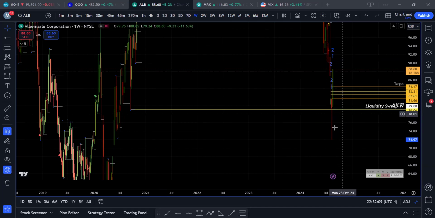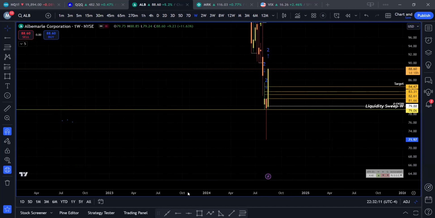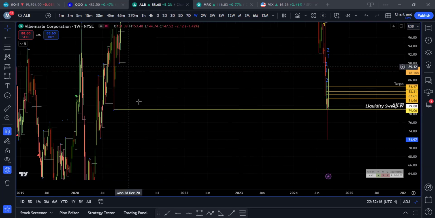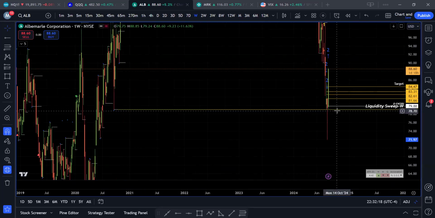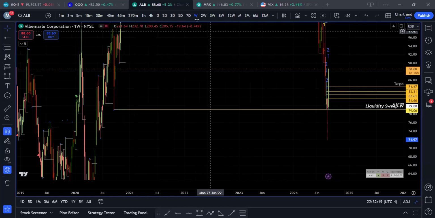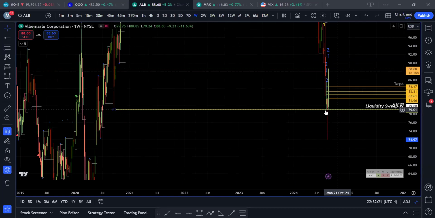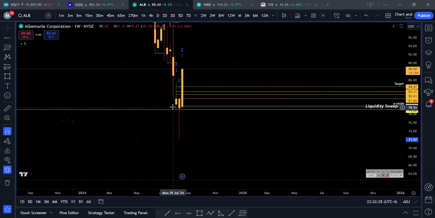This is your actual example. Liquidity sweeps do not only work on Qs and futures. Here's your liquidity sweep on the weekly. Here's your low. We sweep it, and then we get a reversal back to the upside.